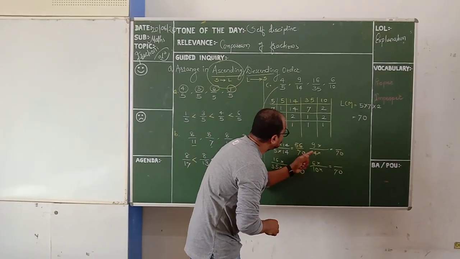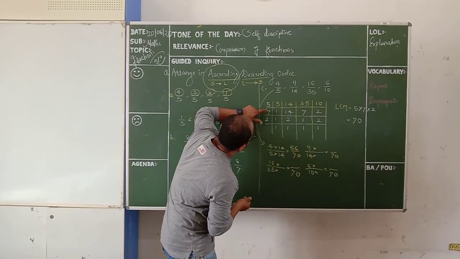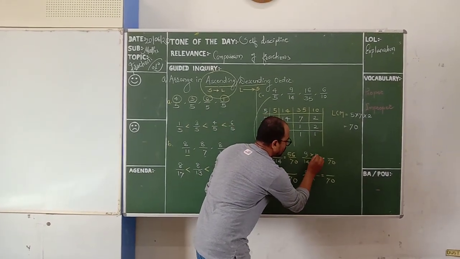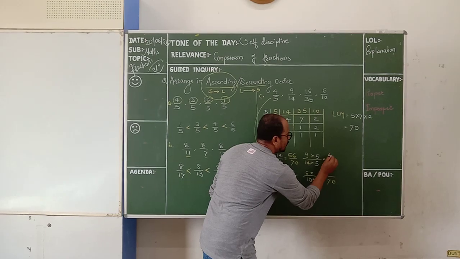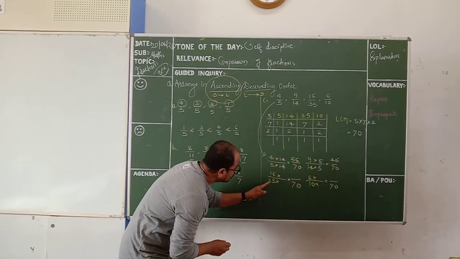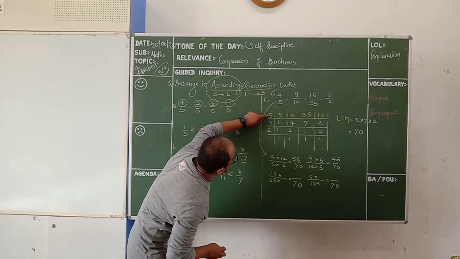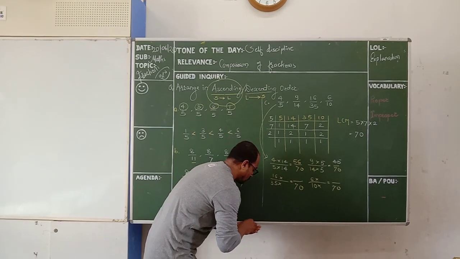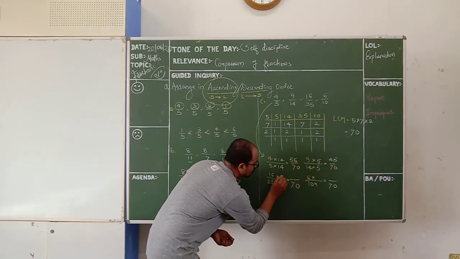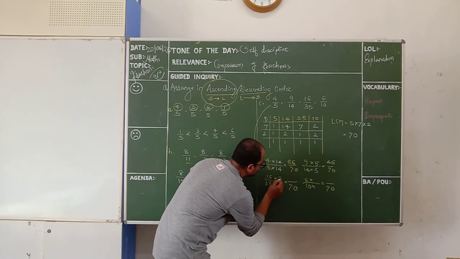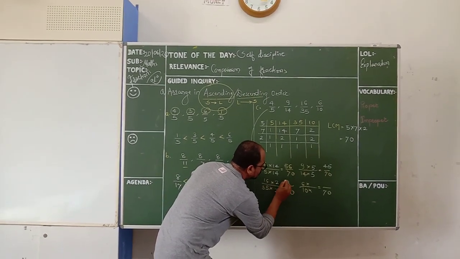Now 35: 7 fives are 35, and 2 is left, so you have to multiply the numerator and denominator by 2. So 16 into 2 is 32.